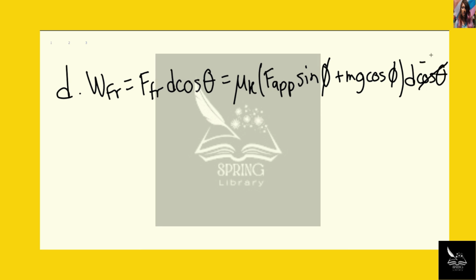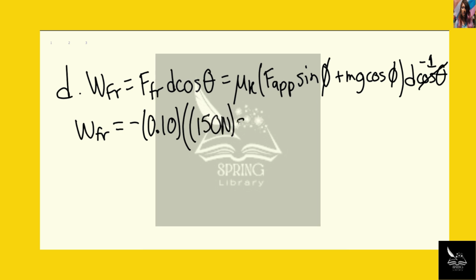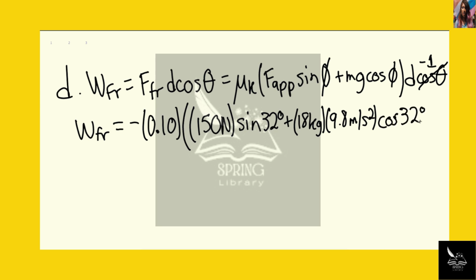We know that this is going to equal negative, so we can say that here the work of friction is going to be equal to negative 0.10, the coefficient of kinetic friction, times 150 newtons times sine of 32 degrees plus 18 kilograms, 9.8 meters per second squared, and then times, again, cosine of 32 degrees, close parentheses.